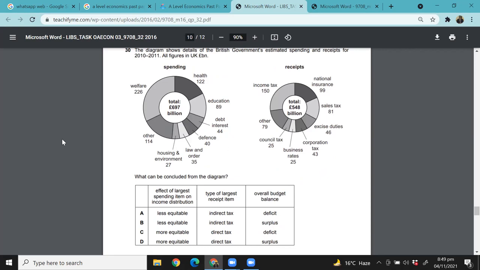Right. I mean, yes, you need to add and subtract, right? So, effect of largest spending item on income distribution. Income distribution, welfare, right? Welfare.